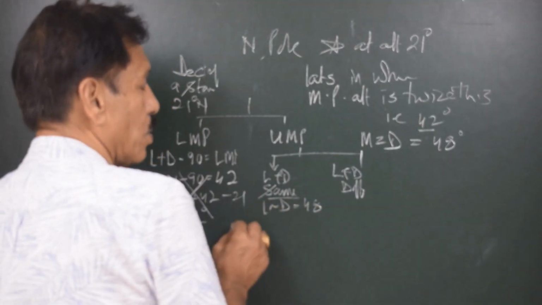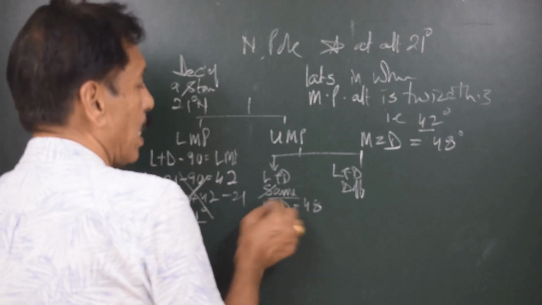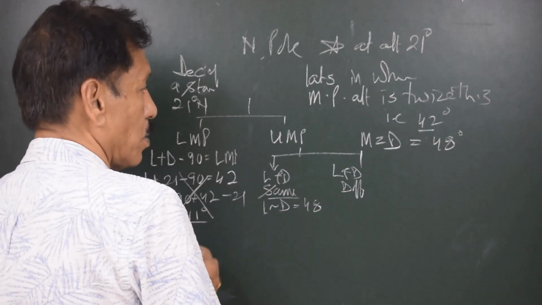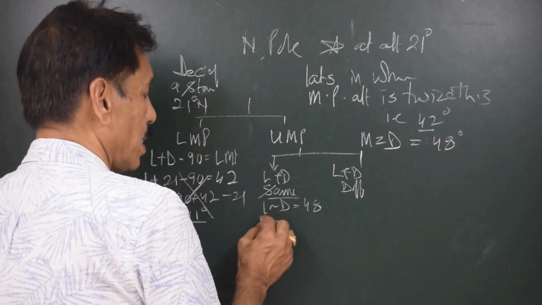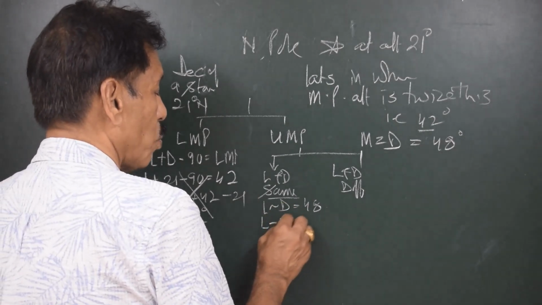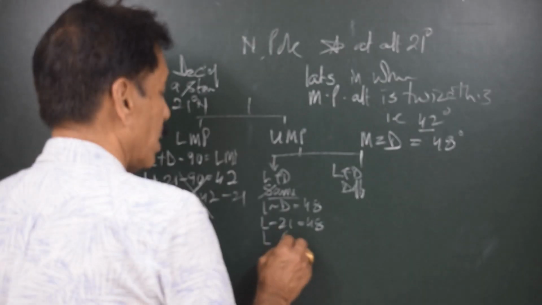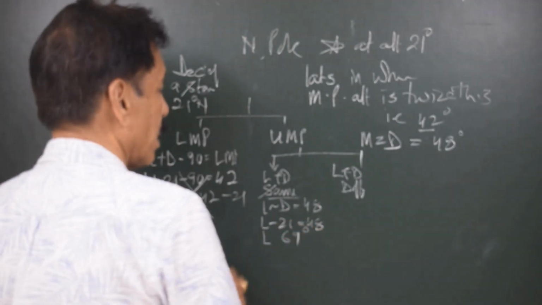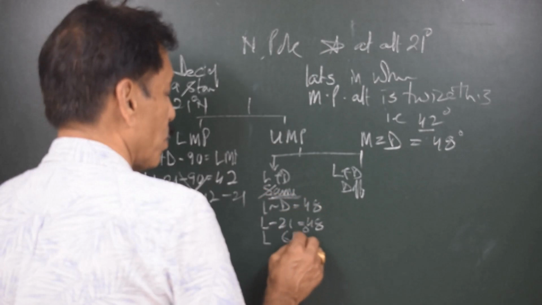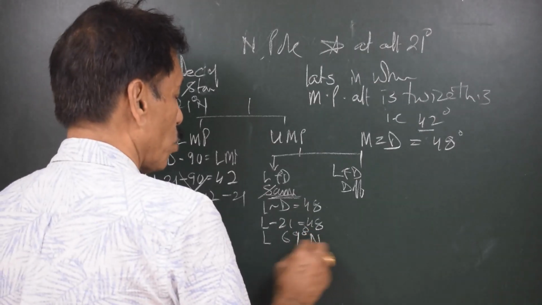Either it is L minus D or it is D minus L. D minus L is not possible because declination is only 21 degrees, so L minus D. So L minus 21 is 48, which means the latitude should be 69 degrees, and we are talking about the same name, so 69 degrees north. That is one possibility.